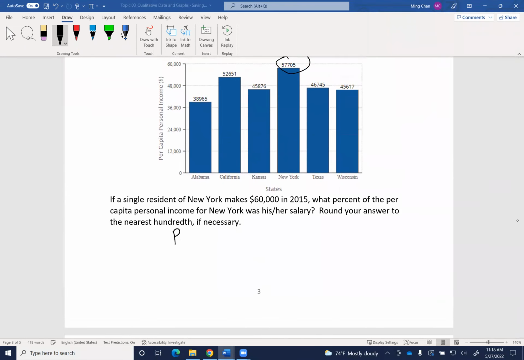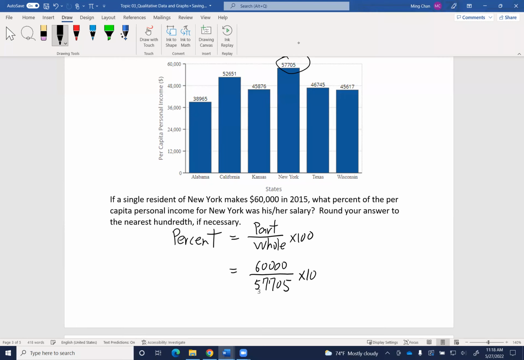In order to find percent, like I mentioned earlier, you always take the part divided by the whole, then times 100. This single resident is part of all those averages, part of that 57,000 representing everybody, all the income in the state of New York. So this 60,000 is only a part of that whole.